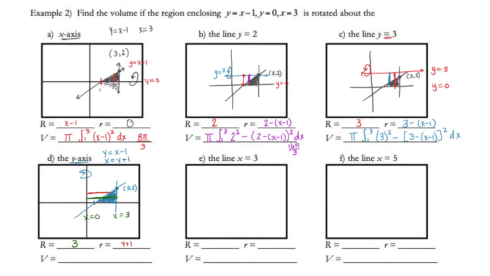So y plus 1 all the way over to our axis, which is 0. So now we're ready to find that volume, but this time our limits of integration need to follow along the y-axis. So that's going to be from 0 to 2. And then it's going to be big R squared minus little r squared.